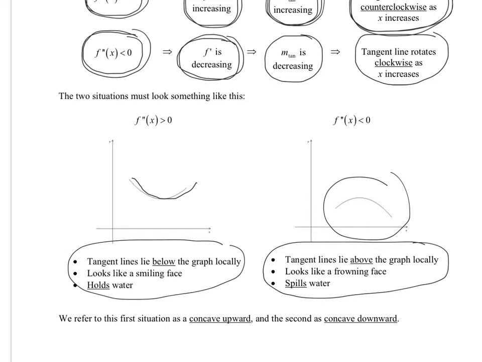And likewise, wherever f double prime is negative, tangent lines lie above the graph near the point of tangency. So the smiling face and the frowning face reminders are there.